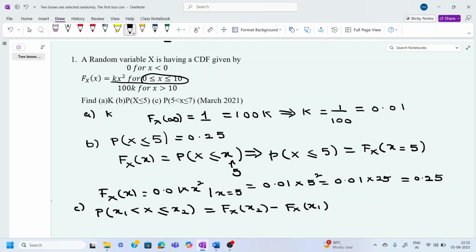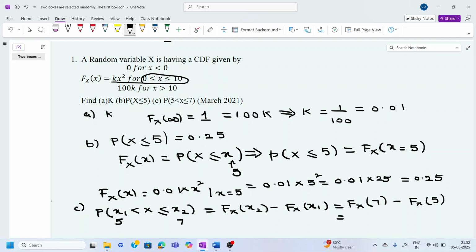Comparing with the statement, x1 is 5 and x2 is 7. So we have to find Fx of 7 minus Fx of 5. Both values 5 and 7 lie in the range 0 to 10, so for both the distribution function is taking kx square.